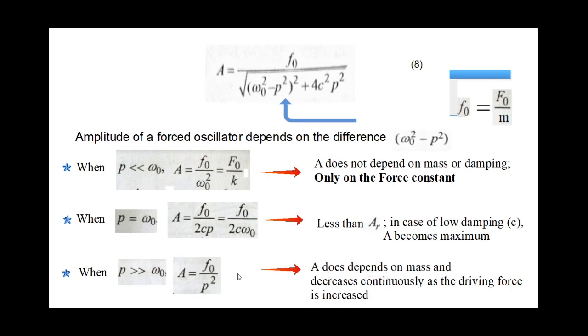That depends on the mass, since small f0 is equal to capital F0 by m, and it decreases continuously with p, or it decreases continuously as the driving frequency is increased. These are the three special conditions of a forced harmonic oscillator.